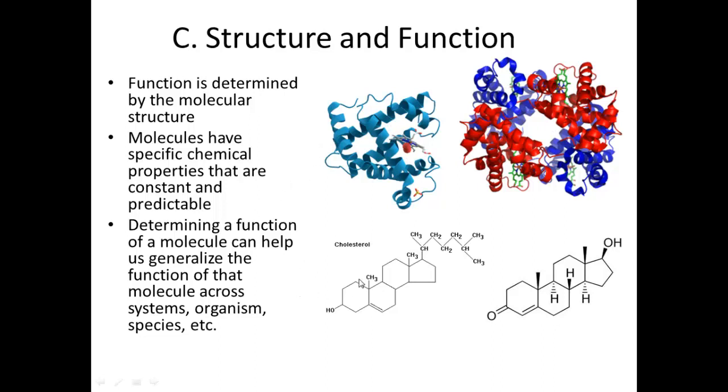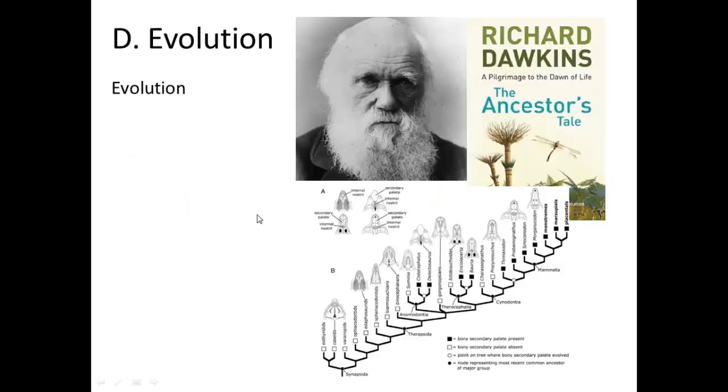Finally, evolution. Now, evolution gets a lot of press as being in the news, a controversial subject, but within the realm of biology, it's how most things are understood. It's a theory which has stood the test of time and is the best known way of thinking, which explains the most phenomena in biology.